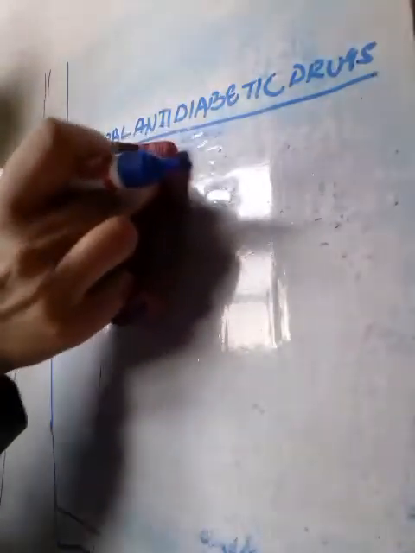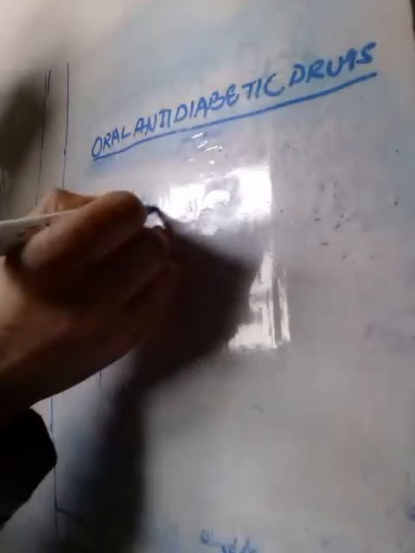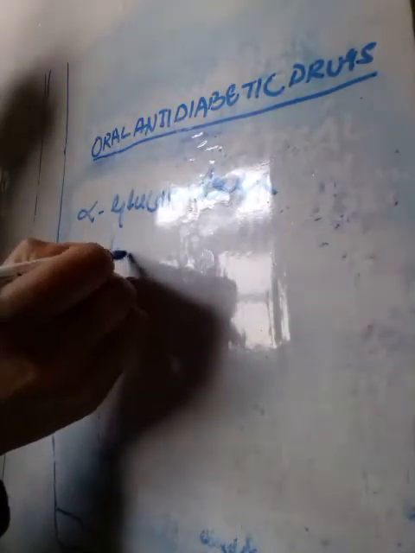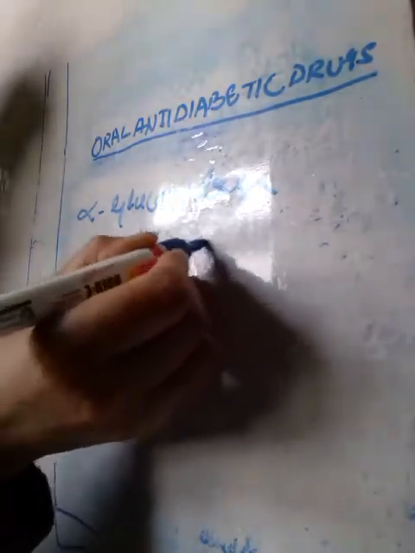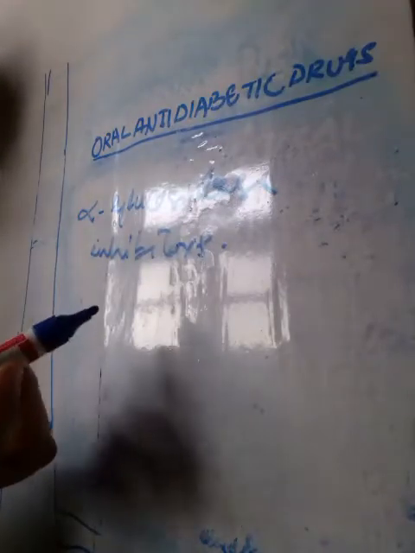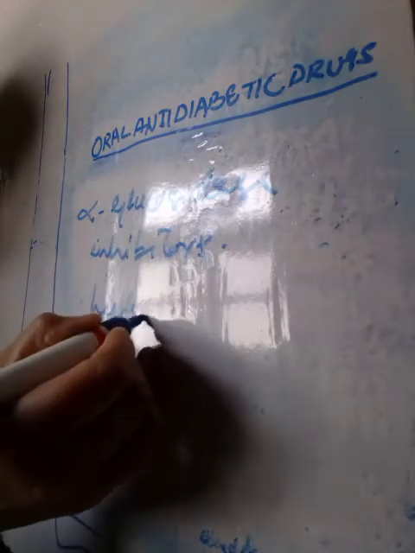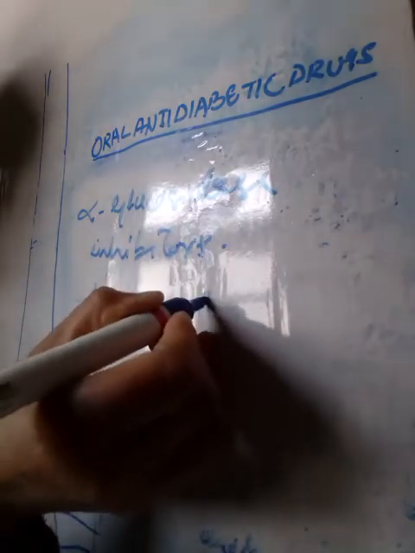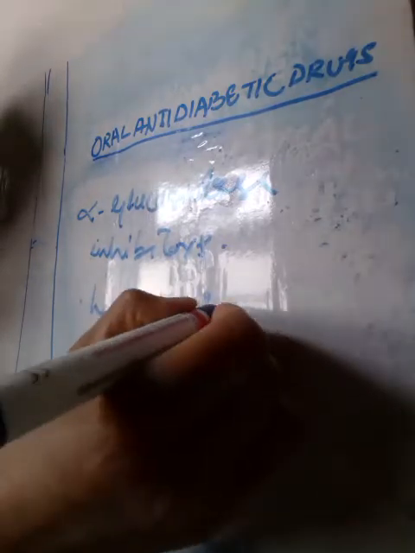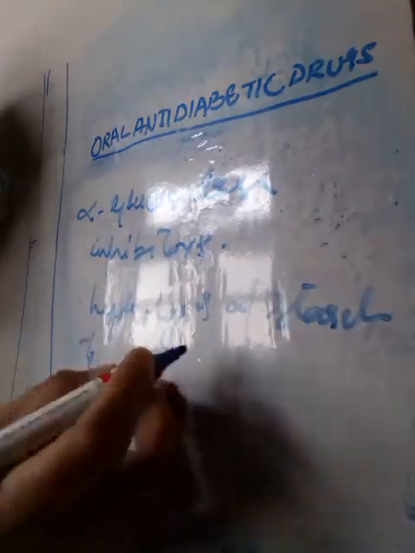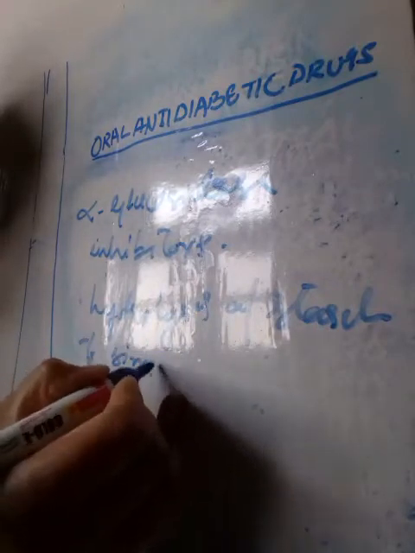Alpha-glucosidases are the enzymes which catalyze hydrolysis of starch to simple sugars.